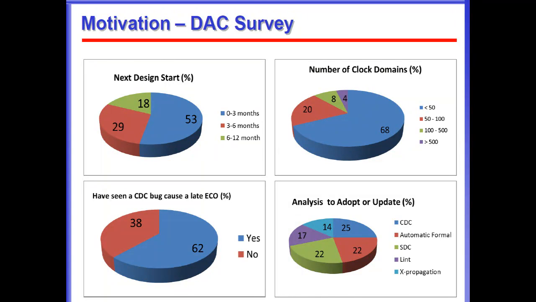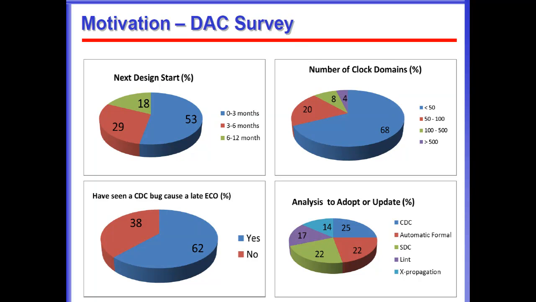Then the number of clock domains, you see that 1/3 has 50 or more clock domains in the design, and means increasing the problem of verifying those.